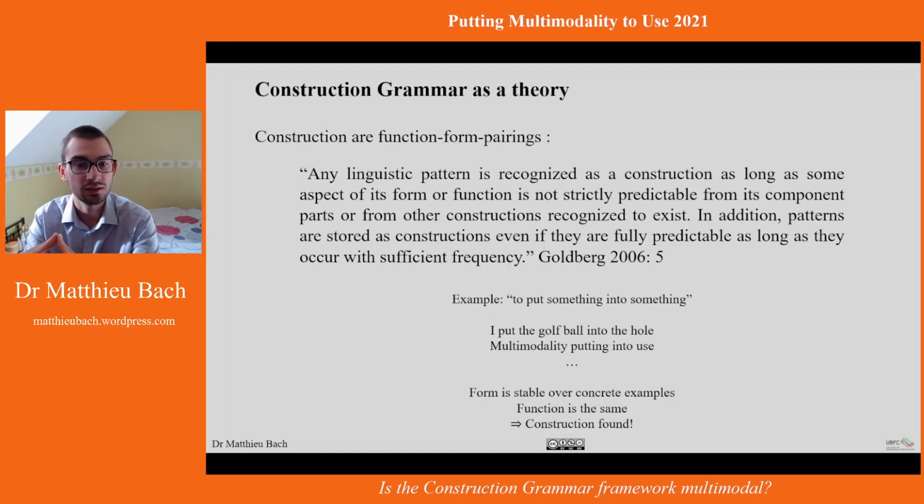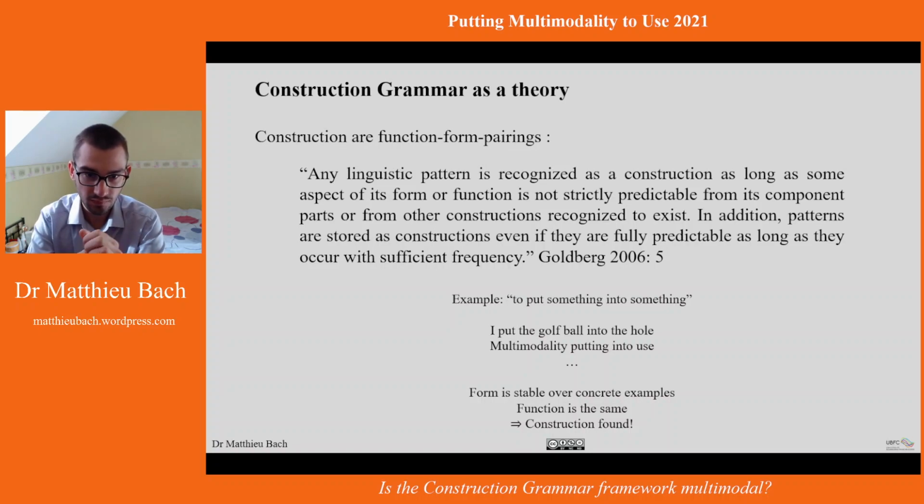So I just take one example. To put something into use is a construction. We do have a verb, then we have an object, then we have another object. That's already a precise construction. We do have abstract constructions, but this is a concrete construction, to put something into something.